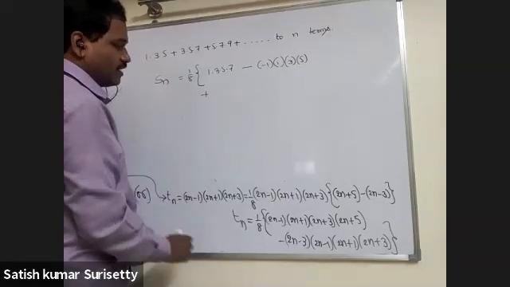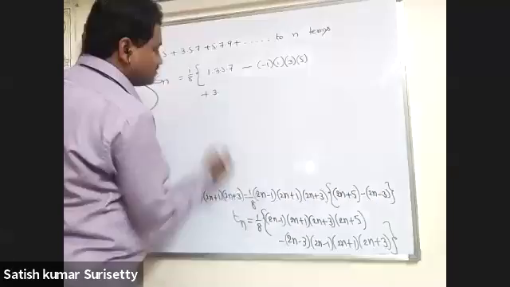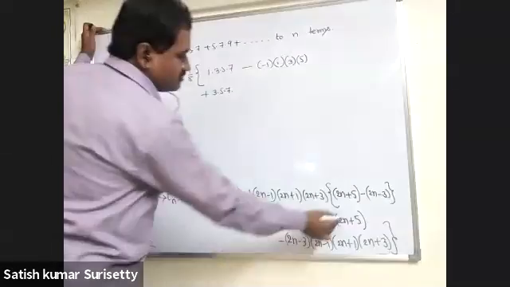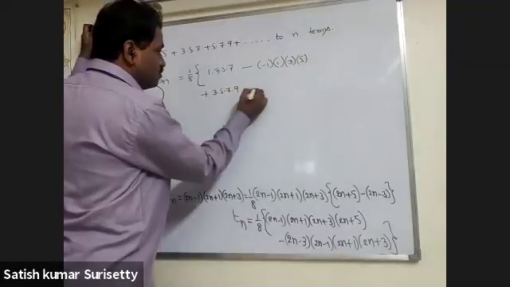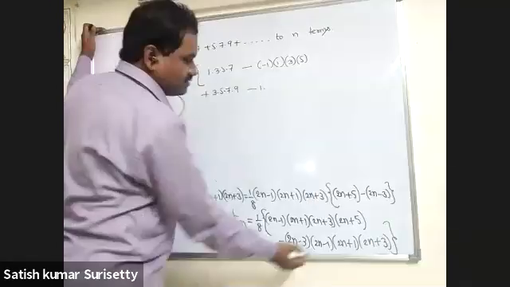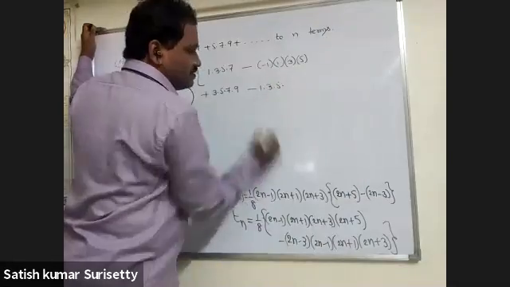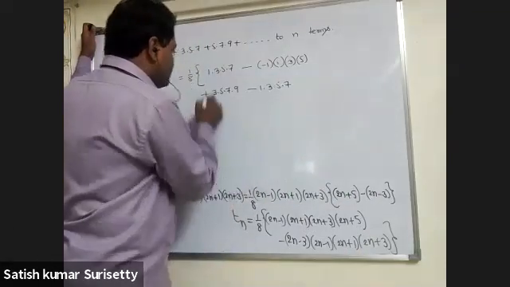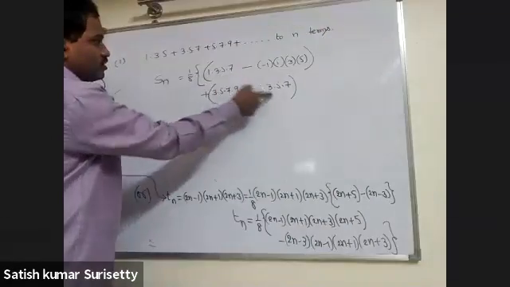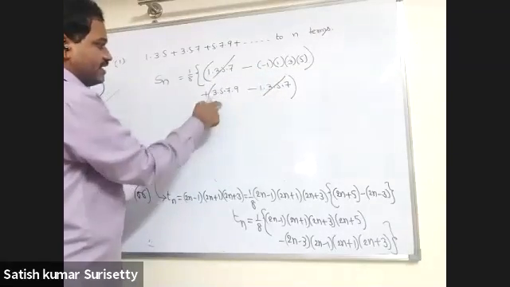So 1 by 8 is common. For n equal to 2, 3, 5, 7, 9 minus, n equal to 2, 4 minus 3, 1, 3, 5, 7. Now if I observe the two terms itself, here these two terms get cancelled, that is this and this get cancelled. Now this is n equal to 1, this is n equal to 2.